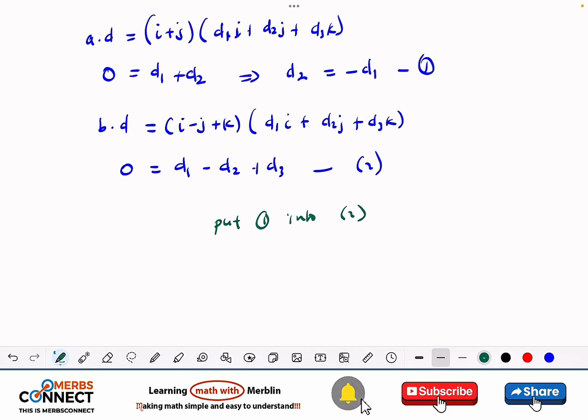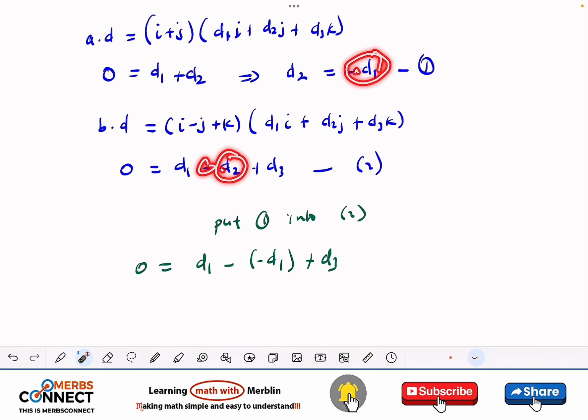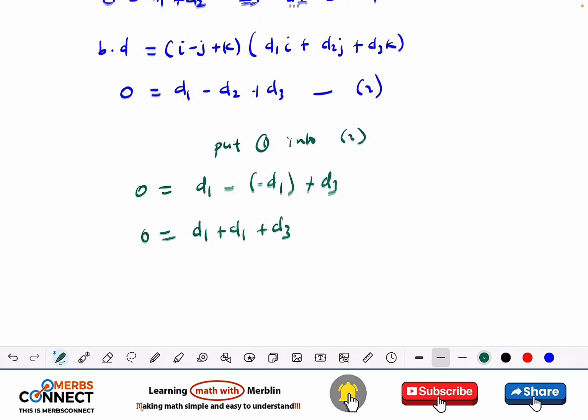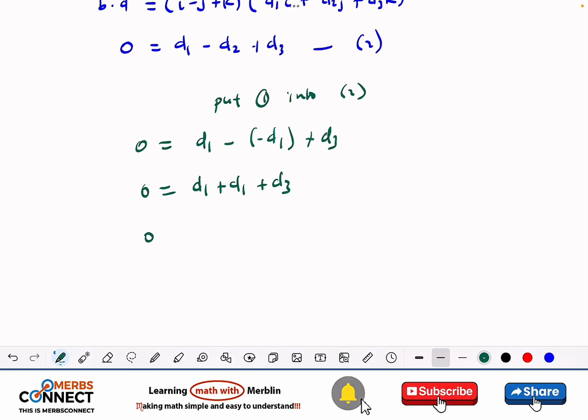So we are going to have 0 is equal to D1 minus D1 plus D3, because D2 is this, and it's minus, so minus minus. So this is going to give us 0 is equal to D1 plus D1 plus D3. So this implies that 0 is equal to 2D1 plus D3. So this implies that D3 is also equal to minus 2D1.